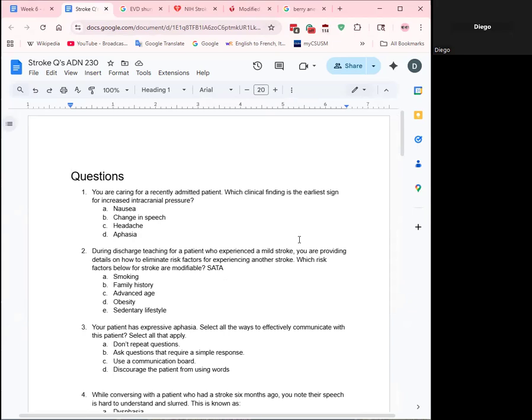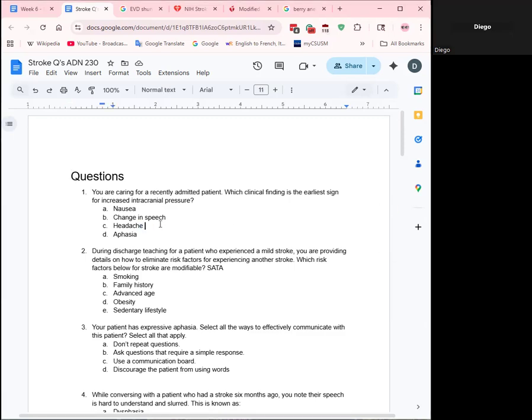Number one. You are caring for a recently admitted patient. Which clinical finding is the earliest sign of increased intracranial pressure? So we're going to go with headache here.